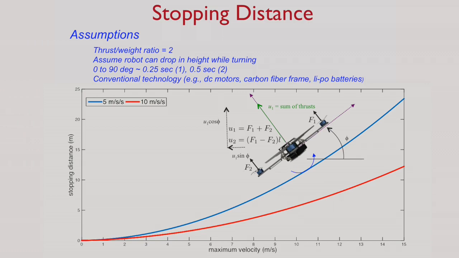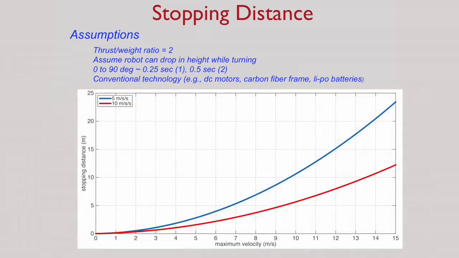One of the things you can do is then calculate the stopping distance for different acceleration rates. So here we show two curves, one at 5 meters per second squared, which is roughly half the acceleration due to gravity. The second is 10 meters per second squared, again, roughly equal to the acceleration due to gravity.